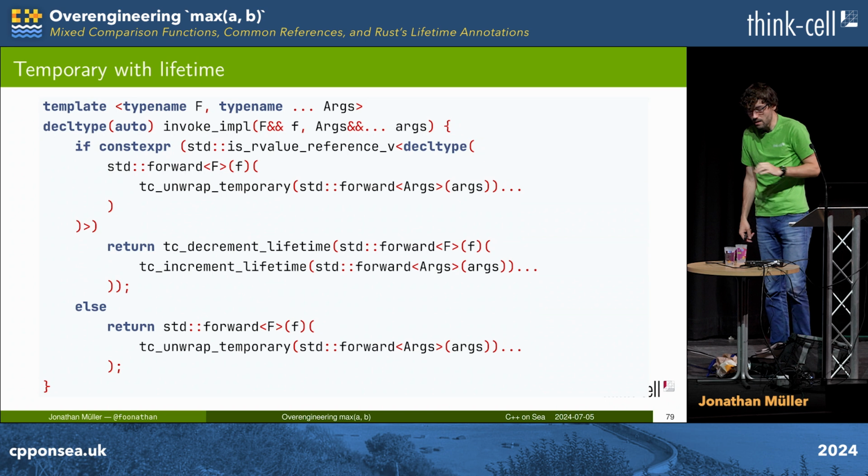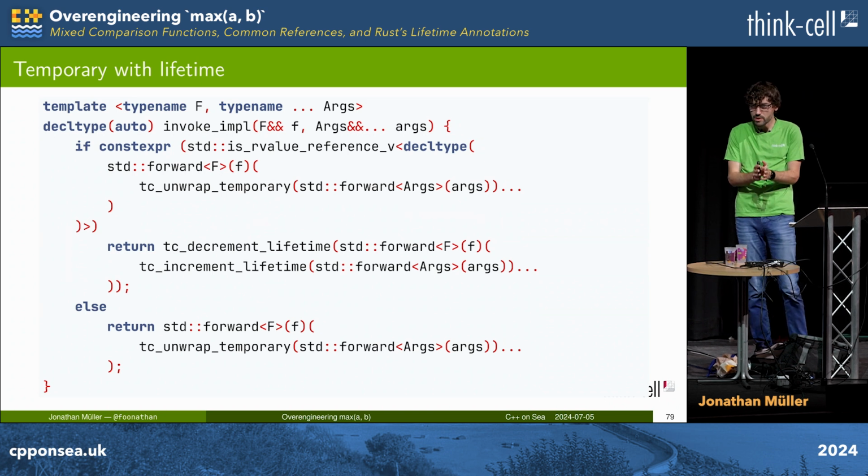The if constexpr, I want to, if you've written a generic function that never returns an R-value reference, I don't want you, as the author of the generic function, to deal with the existence of TC temporary at all. Because then you would need to unwrap and rewrap. Right? And I can avoid that work for you because you're safe, right? Anyway, I don't need to translate that information.